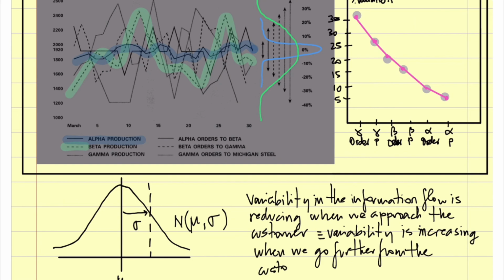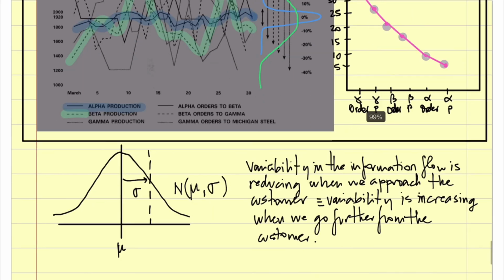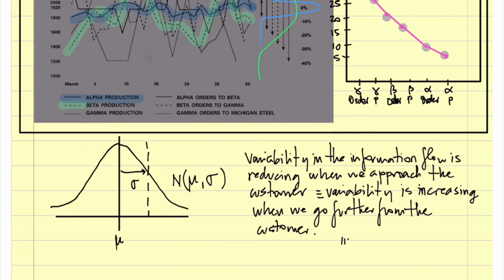What is the name of this for a supplier manager? This is called the bullwhip effect.